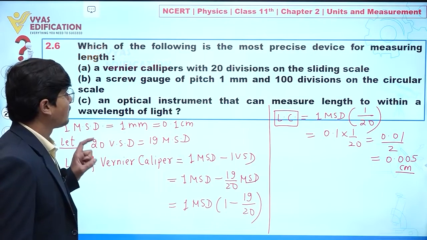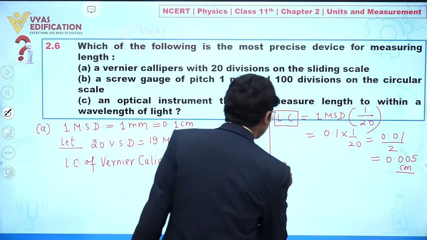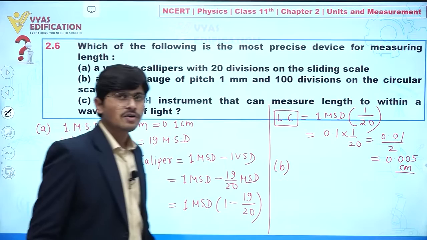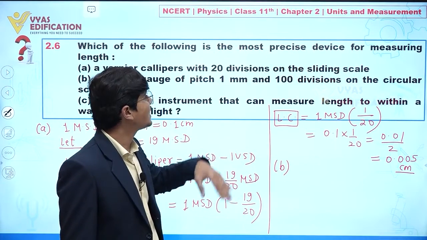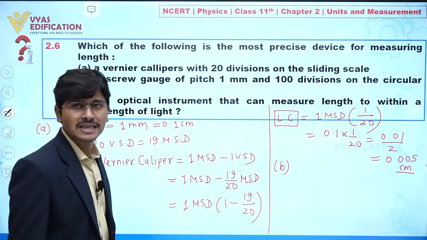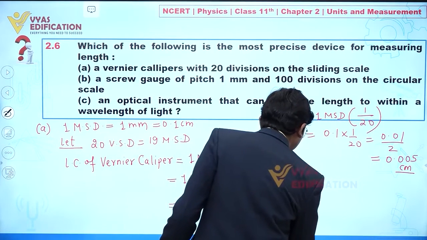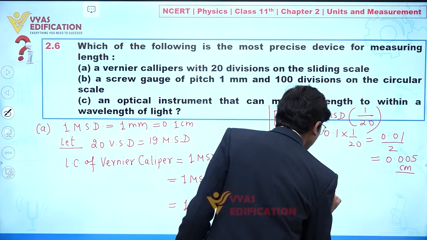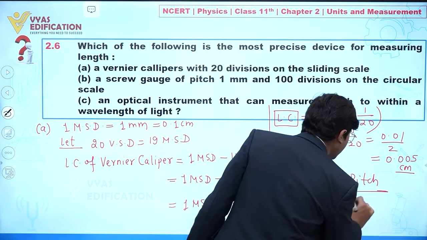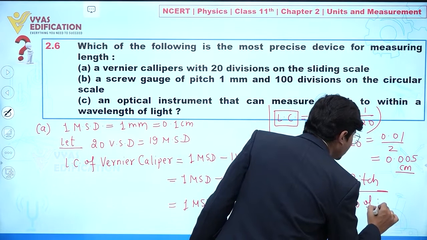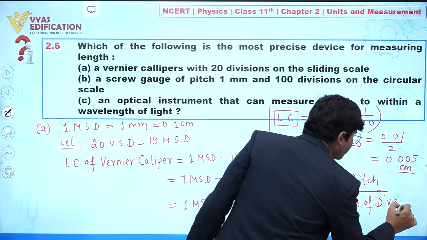Now can we find the least count of the screw gauge? In part B, a screw gauge has a pitch of 1 mm and 100 divisions on the circular scale. The least count of a screw gauge is defined as pitch divided by the number of divisions on the circular scale.